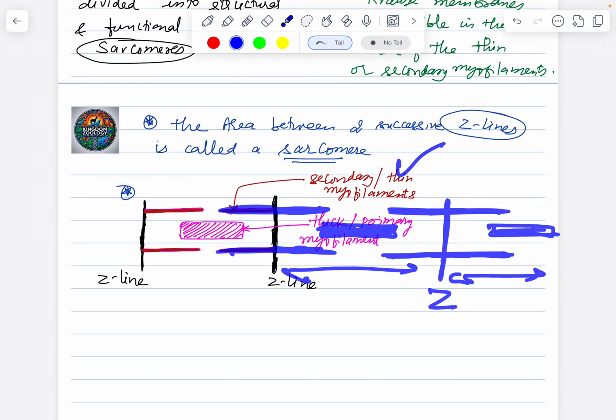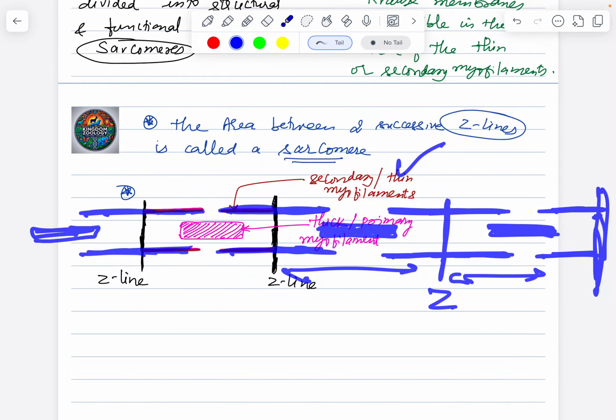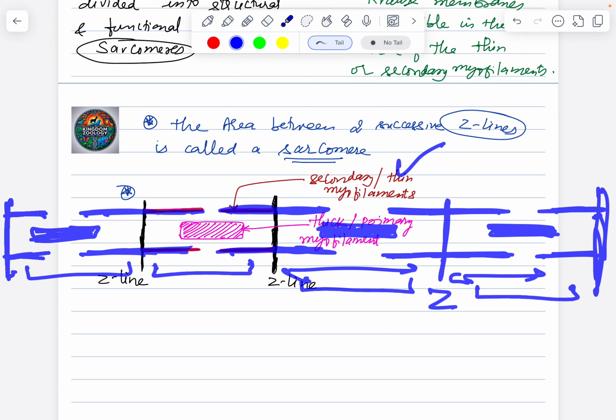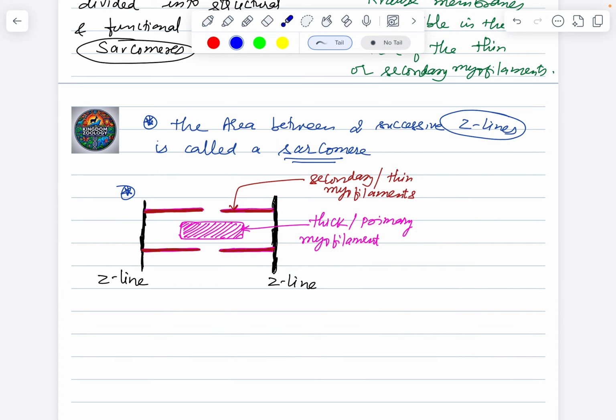Somewhere over here will be another thick myofilament, then more thin myofilament, one more Z line. So that is how the sarcomeres will continue. On this side also, that's the entire complete structure of your thin myofilaments. Over here you'll have the thick myofilament, then another thin myofilament set, another Z line. So this is your sarcomere, sarcomere, sarcomere, sarcomere, the repeating structural unit of the myofibril.